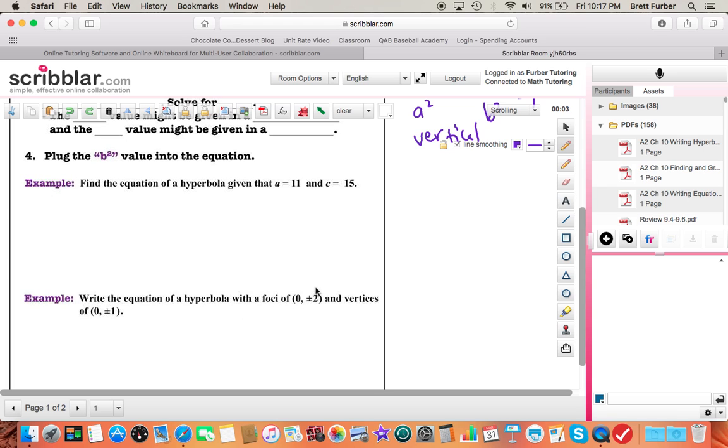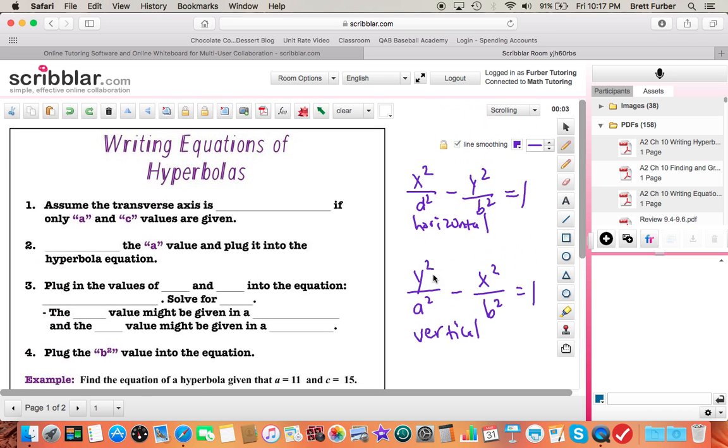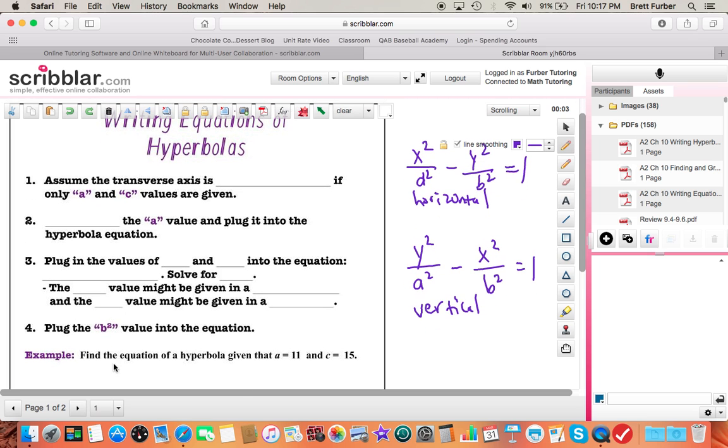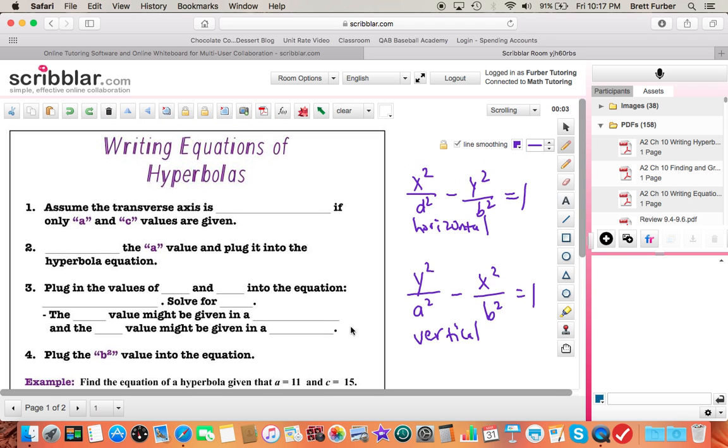Based upon where the value is written, like in this example, the value is in the y part, so that means these are going to be on the y-axis, so they're going to be vertical. Now, from the a and c in this problem alone, there's no way for us to know whether it's a horizontal axis or a vertical axis. We're going to talk about that in a minute.